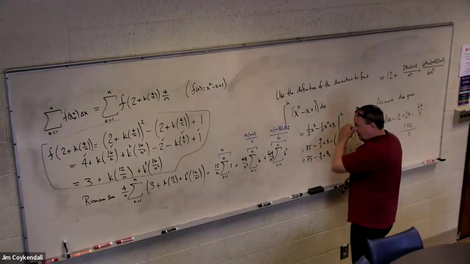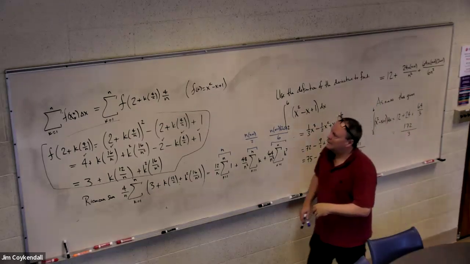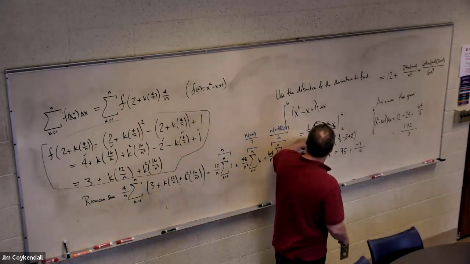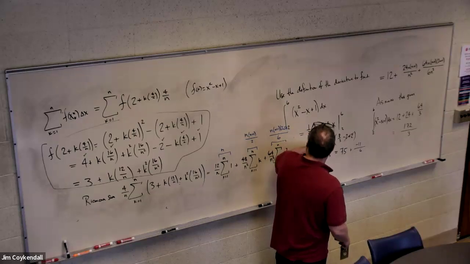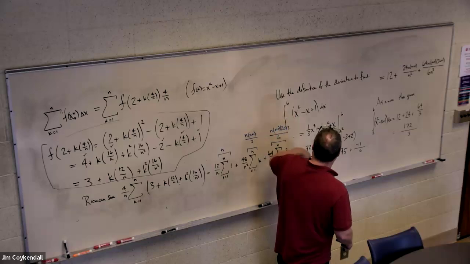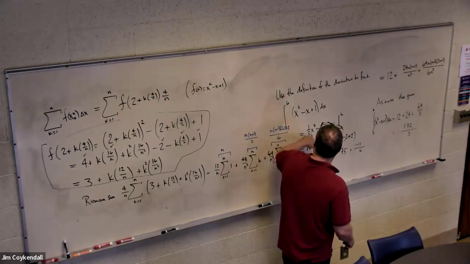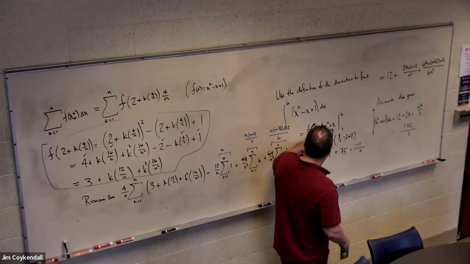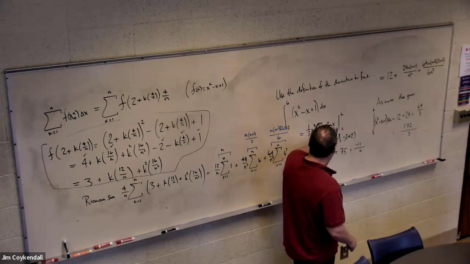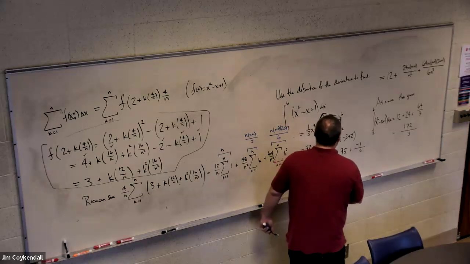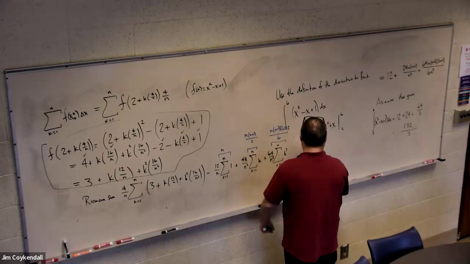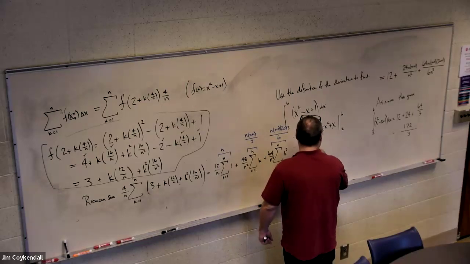Let me test this. Fraction. Let's check this. This is 1/3 x cubed minus 1/2 x squared plus x. Make sure it's right. X squared. So 16. 36. This is 72.